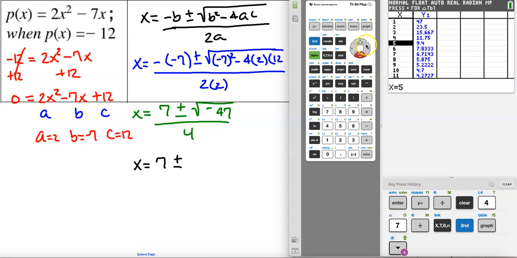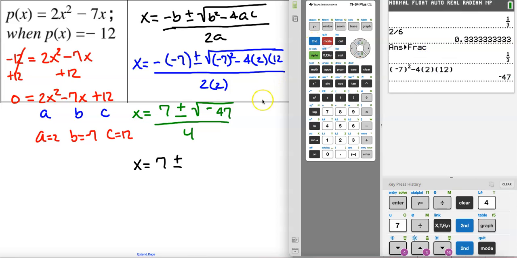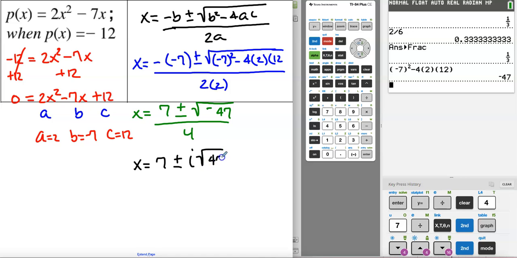But other than 1 and 47, that's it. Everything else is going to be decimal numbers. So therefore 47, you can't do anything with it, so you have to leave it under the root. So the only thing you can bring outside is an i. So it'll be i times the square root of 47 divided by 4.